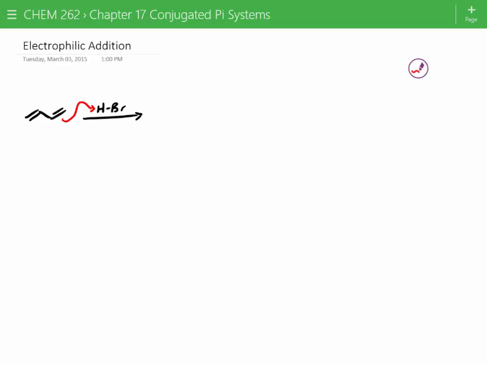So first step, our nucleophile will attack our proton just like we saw in the other examples. Kick off our bromide. And when we do this, we said we prefer to form the more stable carbocation. So in this case, it's a carbocation that is resonance stabilized.